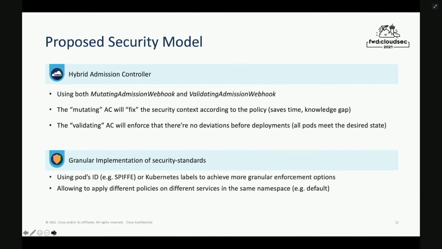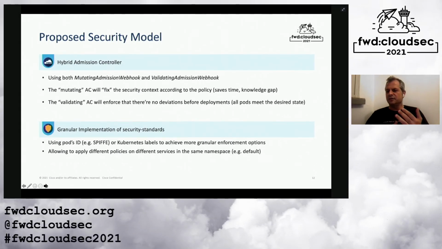So the final setting will be applied. The good thing is that all the pods which come into the validation phase need to pass the mutating webhook. This is one thing which I think can really simplify, save time, simplify the usage of this model, and solve some knowledge gap. Different people manage different things. Another important aspect, I think, is the granular implementation. We want to have the ability to apply it per pod.